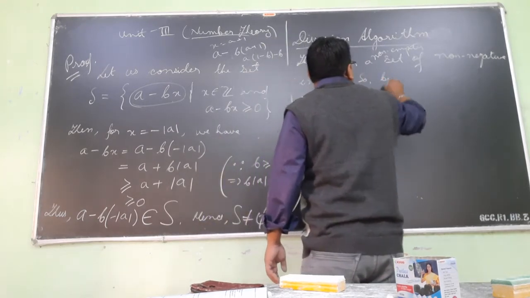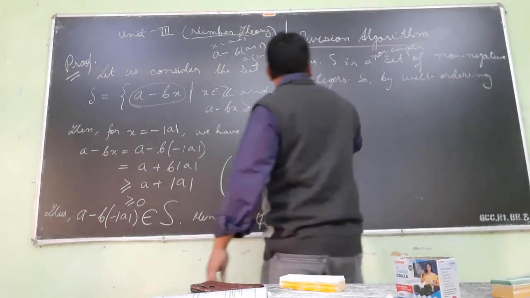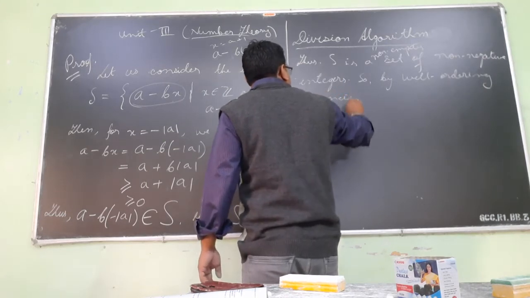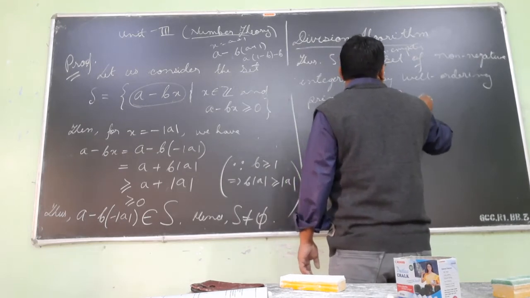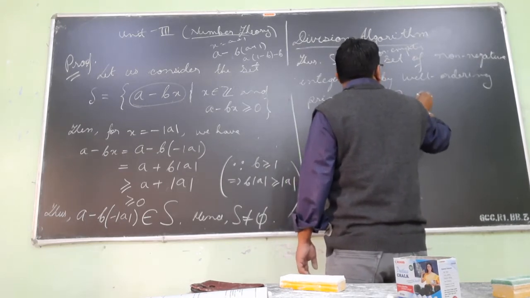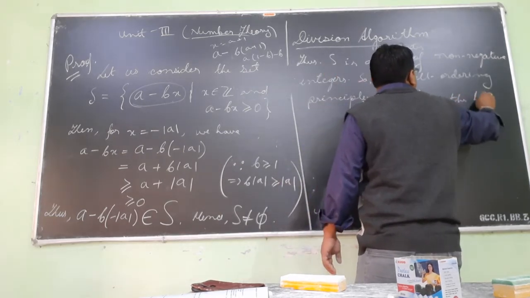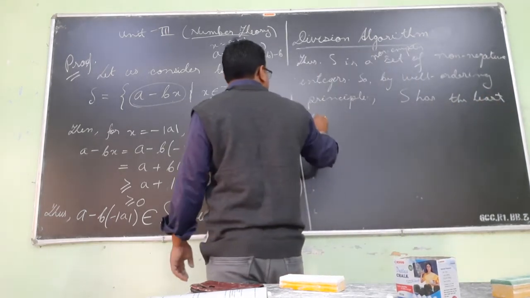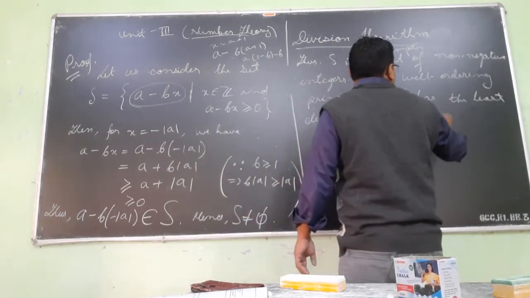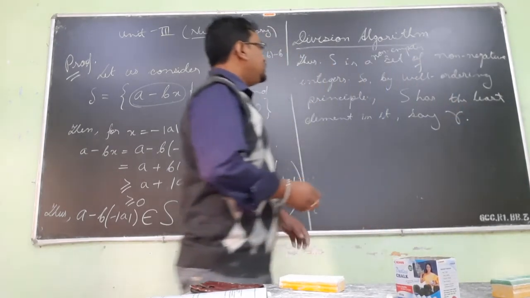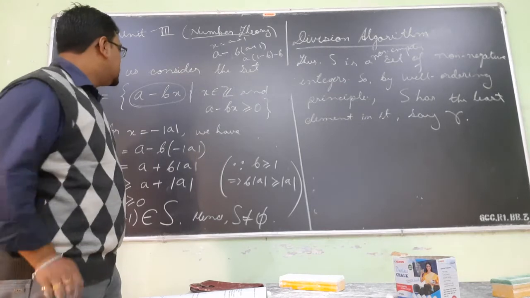So by the well ordering principle, S has the least element in it, say R. So we denote that least element by R.